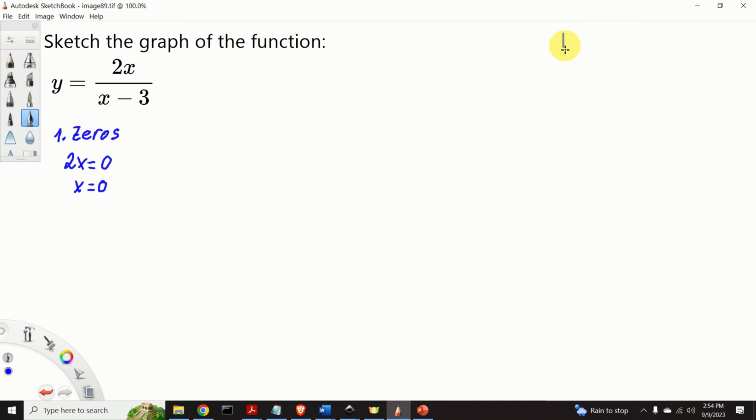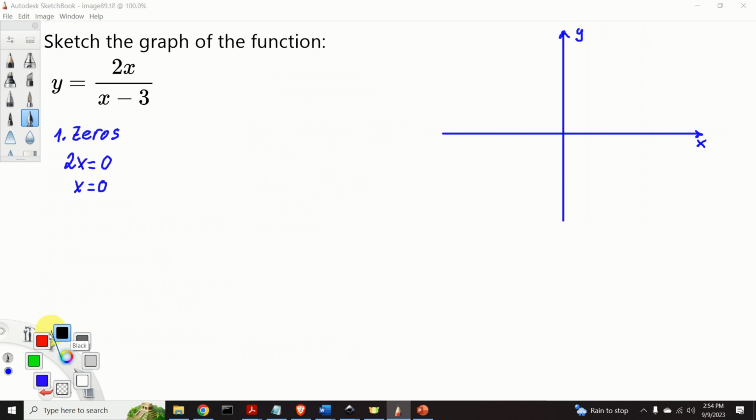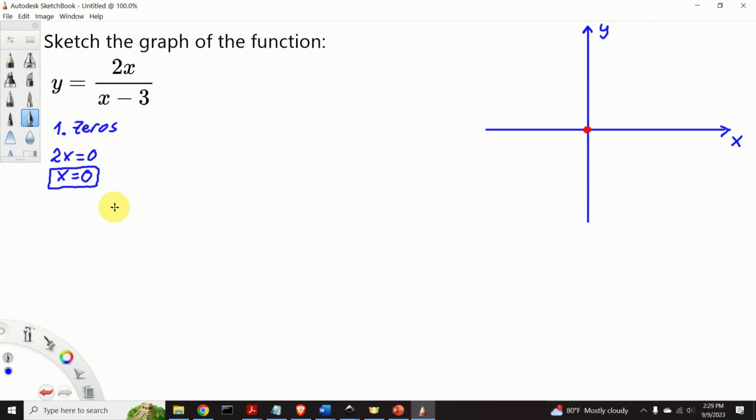Over here, I will sketch our function. Here's my x-axis, and here's my y-axis, and I will use the red color to sketch the function. Here's 0. Perfect. Next, we need to determine the domain of this function. Number 2, domain.